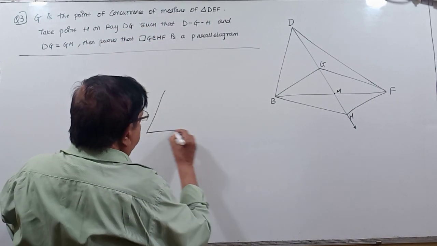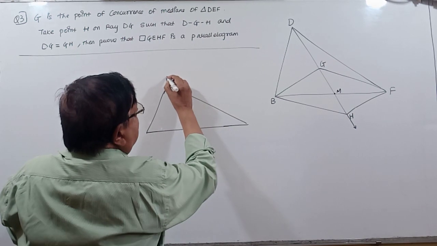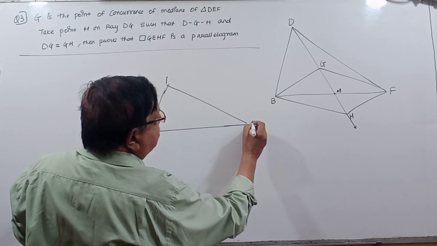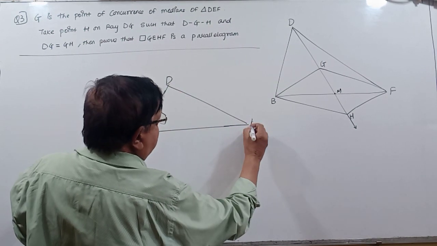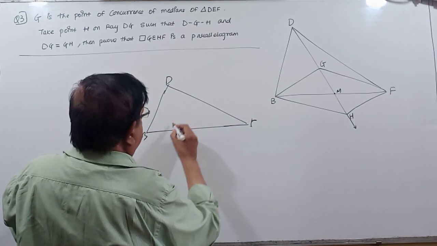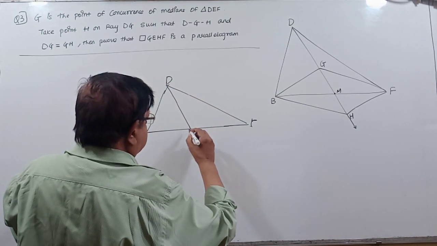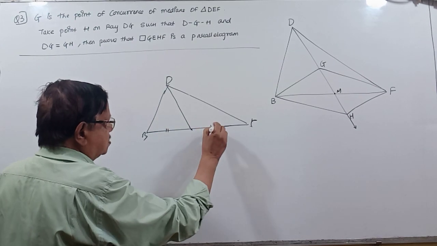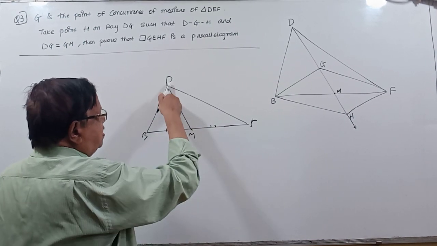You know what is the meaning of medians of a triangle? Here B, here D, here F. If I draw a median, this is the median, means this is congruent to this. DM is the median.